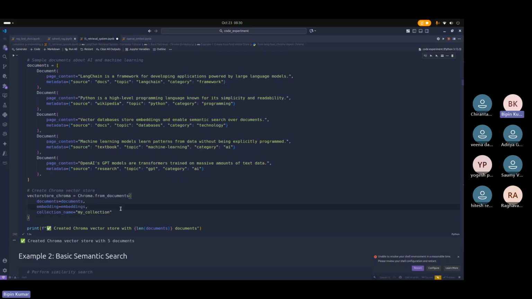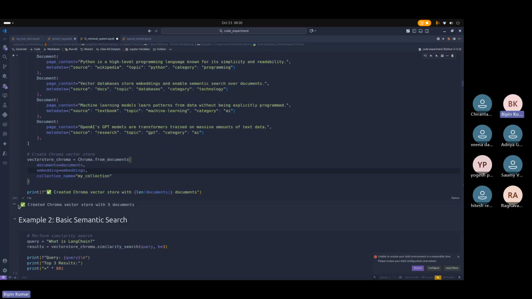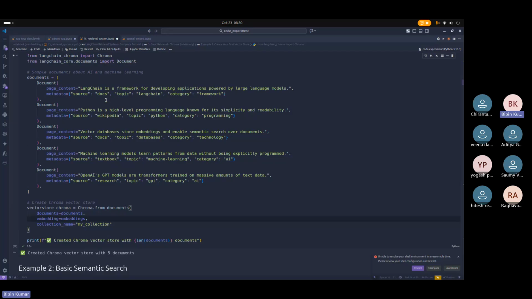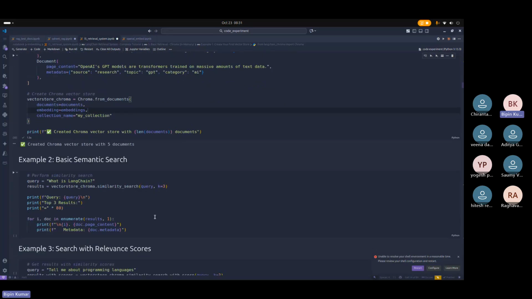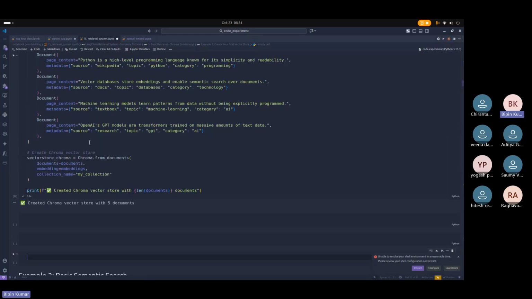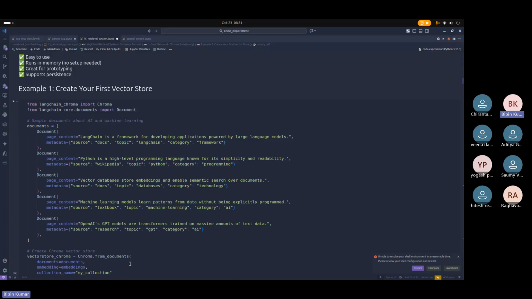This basically saves all these 5 documents into a vector DB.